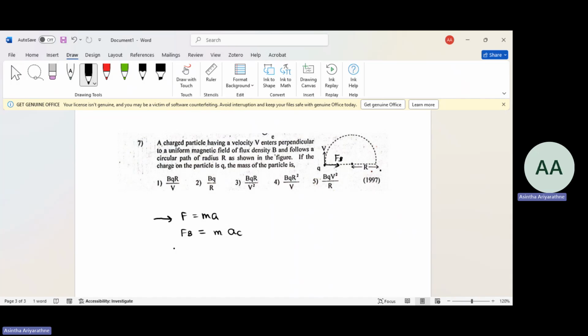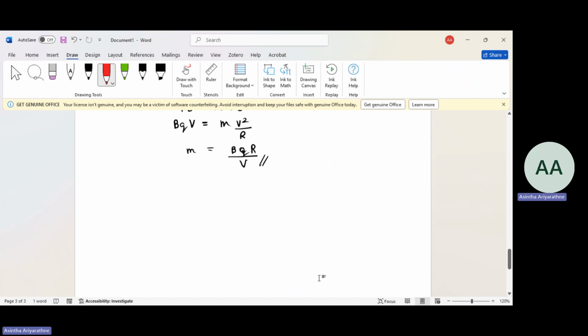So B q v equals m v squared over r. So the mass of the particle is B q r divided by v. That is the first answer. Mass can be found easily by applying F equals m a towards the center.